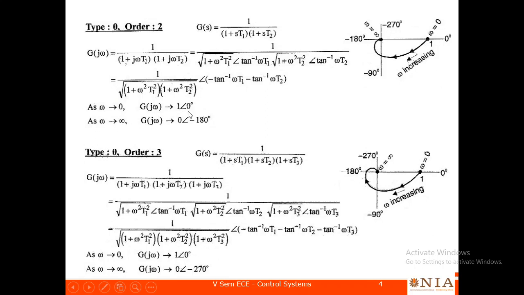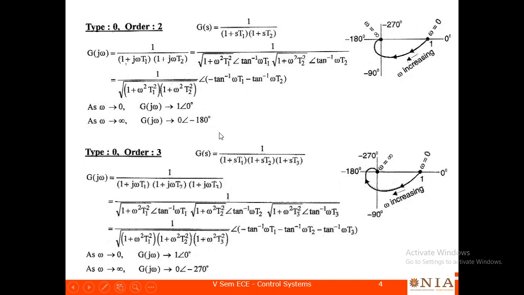When you substitute infinity here, this will be minus 90 degrees, again minus 90 degrees, so together it will be minus 180 degrees. When omega is infinity, the magnitude is 0. I think these two points satisfy these two expressions, so your graph shape will be like this.